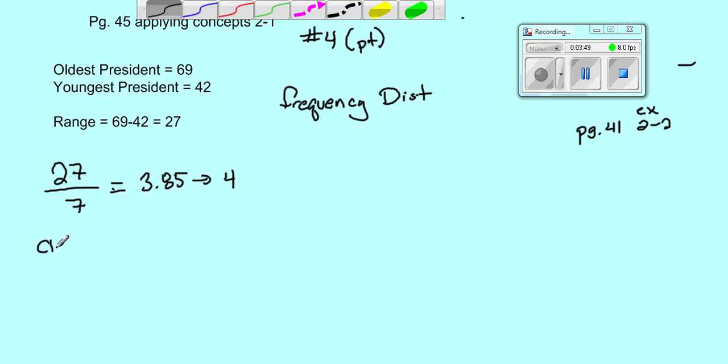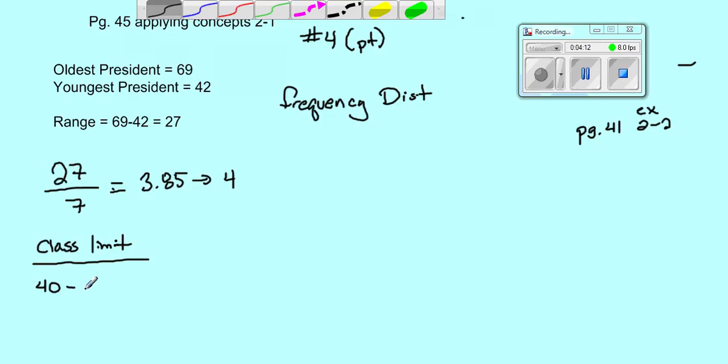So let me write this in here, class limit. I need to choose my own starting point. I could start with 42, but from a little bit of experience and trial and error, I decided to start at 40.